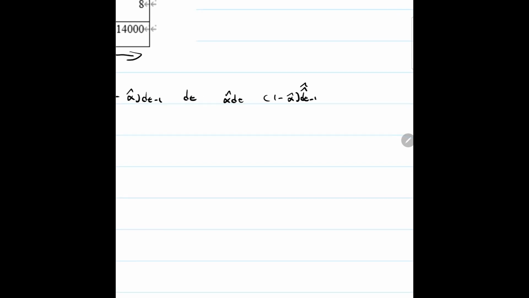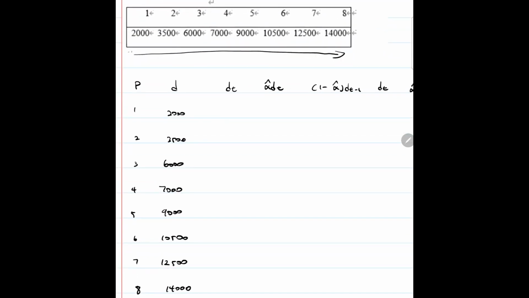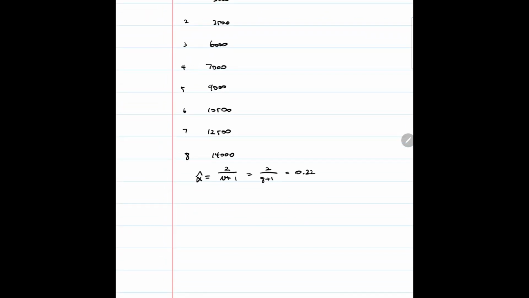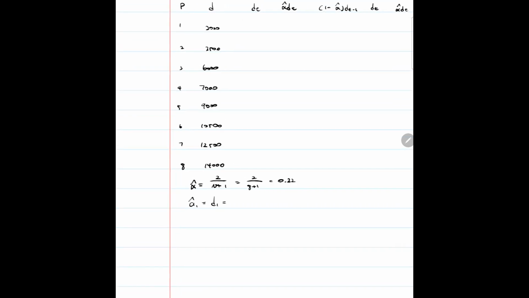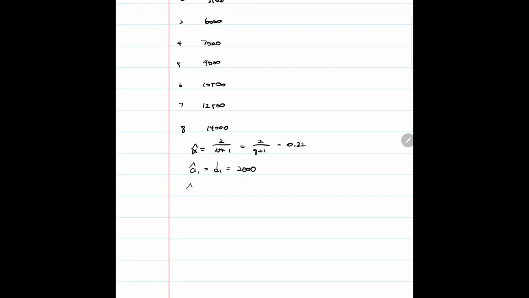Double hat. Okay, so we need the initial condition. So A1 will be same as demand 1, which is 2000. We need the B1 hat, which is Dn minus D1 over n minus 1.